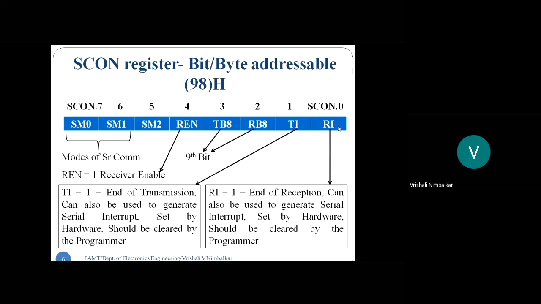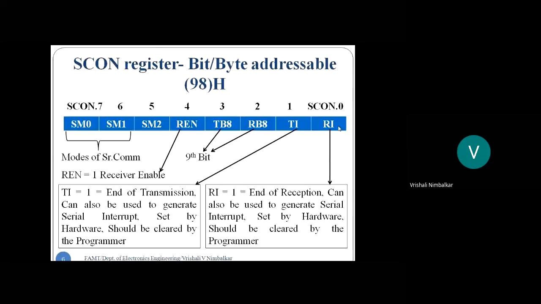Correct? In polling, the microcontroller is continuously busy checking the operation. We cannot use the microcontroller to do anything else. That happens in polling. Whereas in case of interrupts, we will do all the initializations, SCON, SBUF, everything. We will activate the interrupts, and the microcontroller is now free to do some other operation.